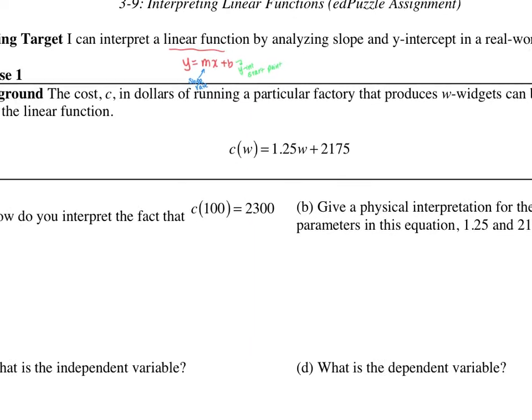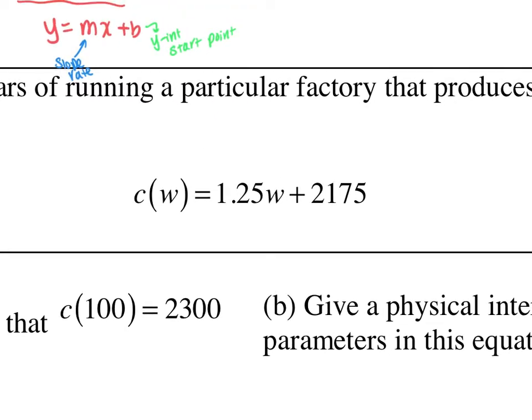Well, if you look, this is basically the exact same thing as y equals mx plus b. I have my y equals right here, because remember, C of W is a fancy way of saying y equals. I have my slope of 1.25. I have my x, which is w, and then I have my y-intercept of 2,175.